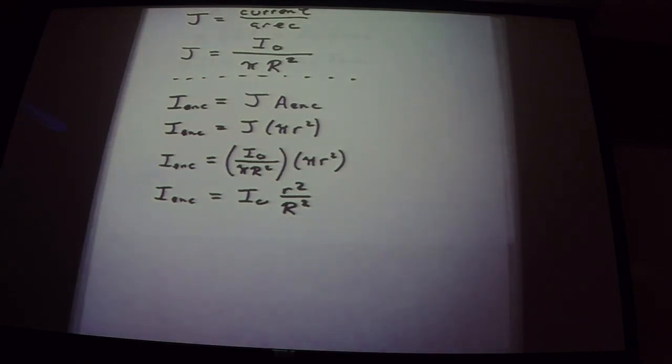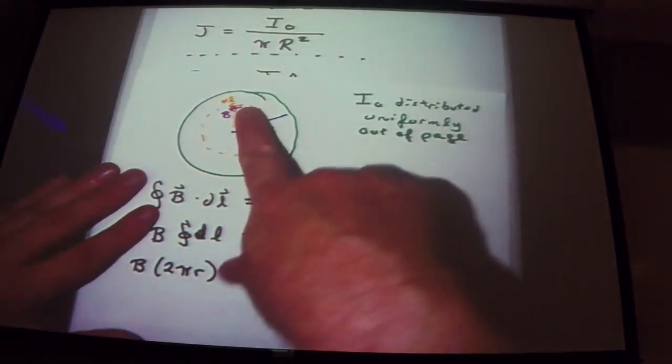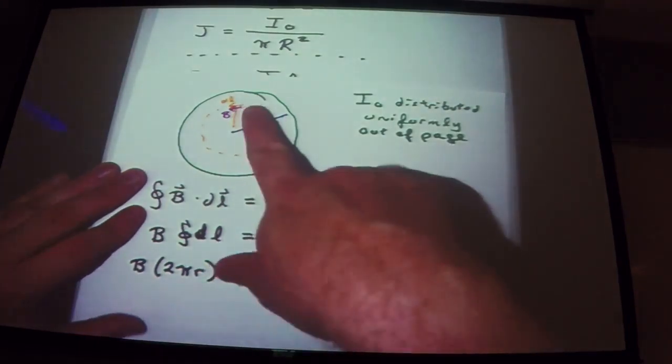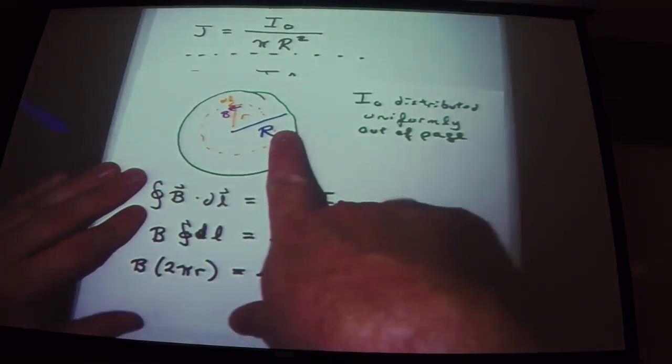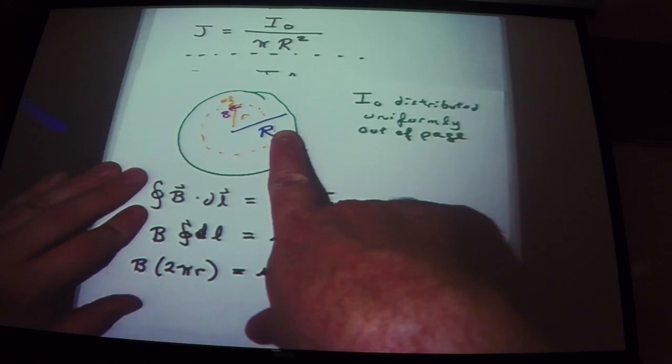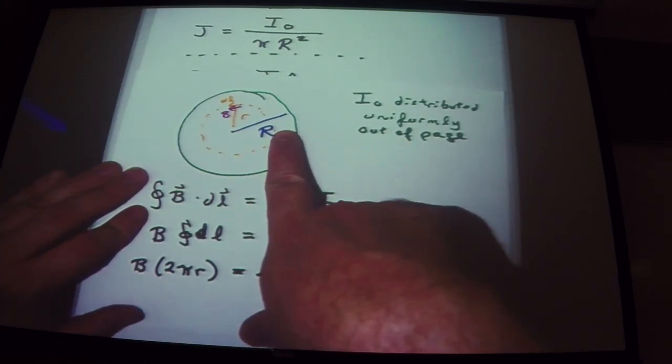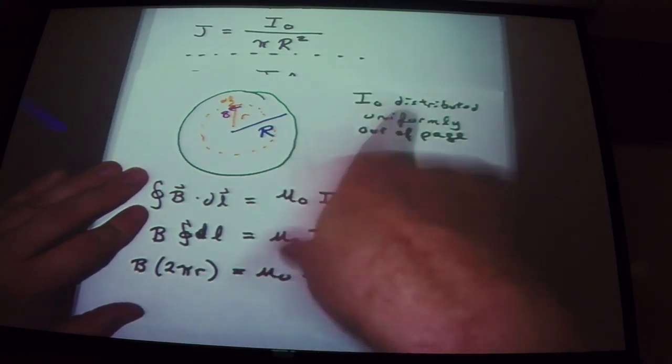We can make a check of this, by the way. If my little r is at the edge, if my little r is equal to capital R, what should I have for my current enclosed? I naught, all of it.